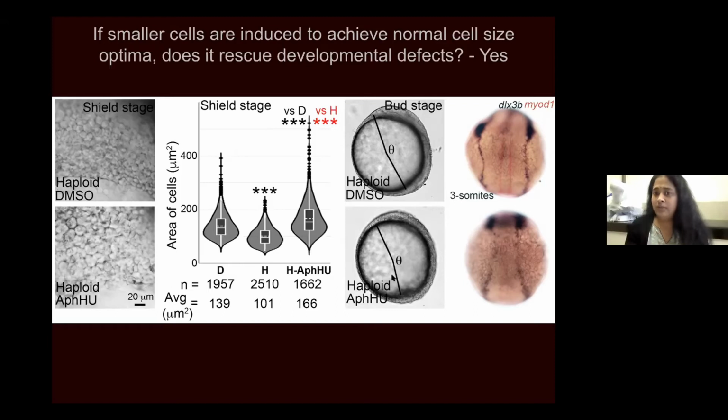So much so that we have treated the haploid embryos only with a 1.5-hour drug exposure rather than our 3-hour drug exposure. Because even at 1.5 hours, we are able to achieve this increase in cell size in both diploids and haploids. And in diploids, it recapitulates our aberrant condition, and in haploids, it tends to rescue our phenotypic outcome.